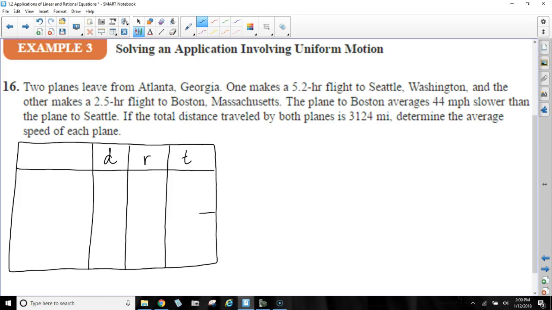Now, for the second row and the third row, we're going to discuss each of the two traveling parties. We have a plane that's going to Seattle, so let me label that. And then we also have another plane that makes a 2.5-hour flight to Boston.